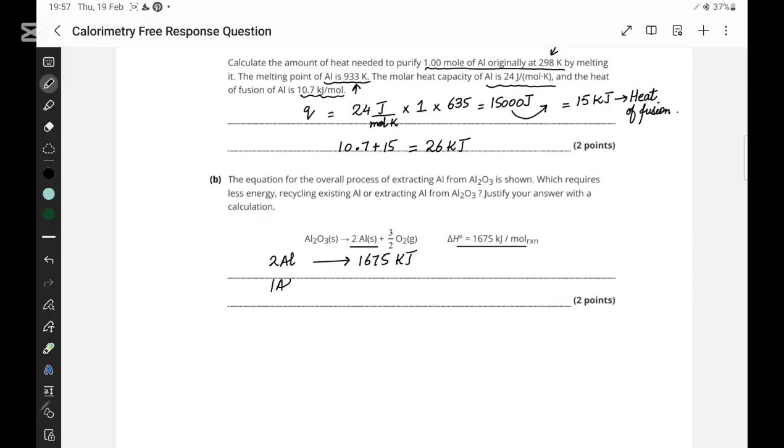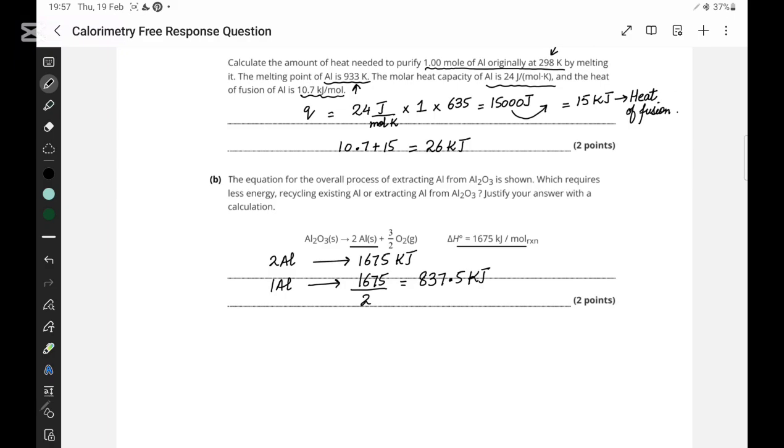For 1 mole of aluminium, we divide 1675 by 2, and the answer comes out to be 837.5 kilojoules.